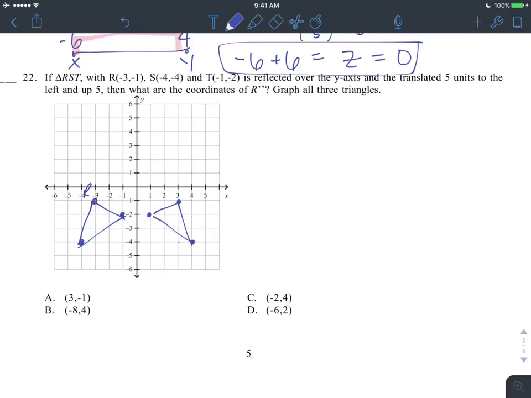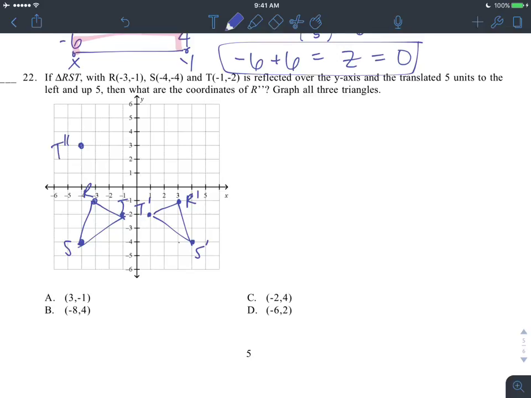R, S, T. I have T prime, R prime, and S prime. Then it's translated 5 to the left and up 5. So translate 5 to the left and up 5.